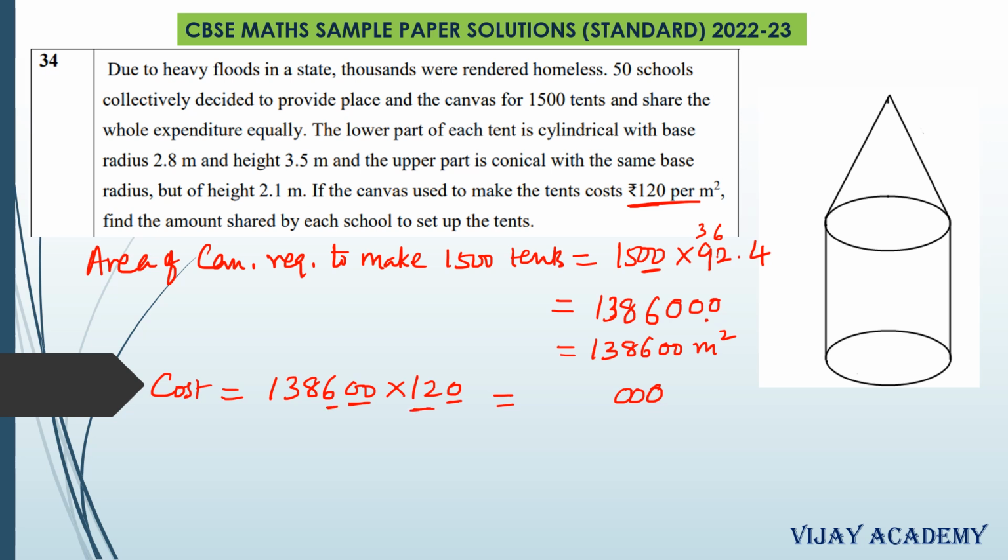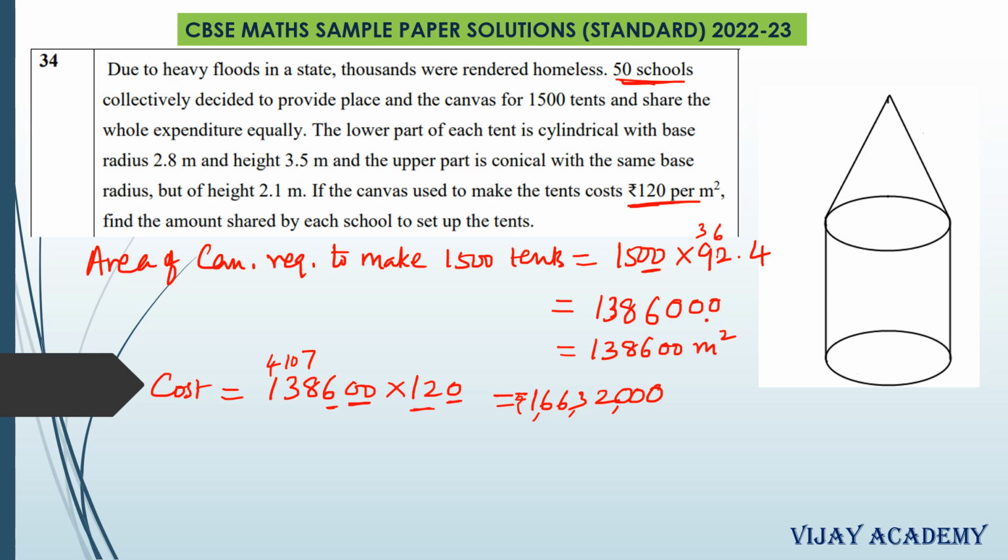So 12 into 6 is 72, 7 carry, and 12 into 8 is 96 plus 7 is 103, and then 10 carry, then 12 threes are 36 plus 10, 46, then 4 carry, and then 12 ones are 12 plus 4, it is 16. So we get the cost of the canvas is 1,66,32,000 rupees.